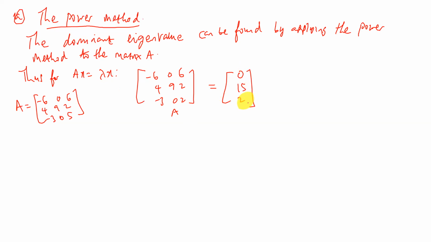I would like us first to remember the eigenvectors. What are the associated eigenvectors here? For lambda equals minus 4, what is the eigenvector?